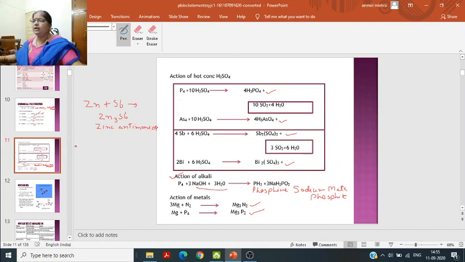Similarly, magnesium reacts with bismuth to form Mg3Bi2, which is called magnesium bismuthide.